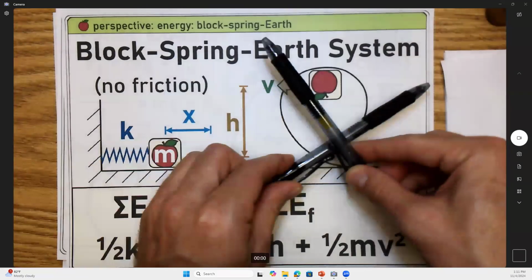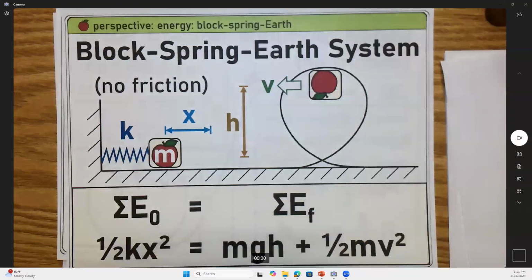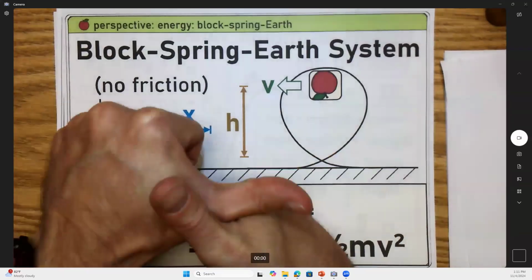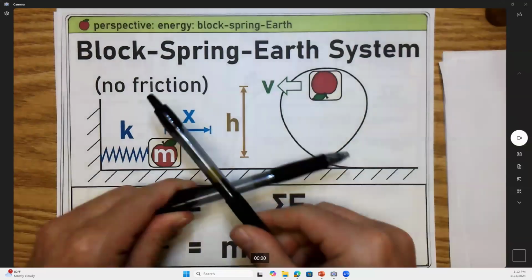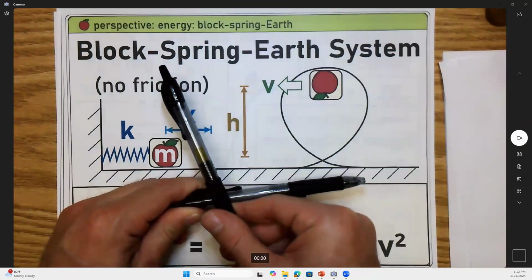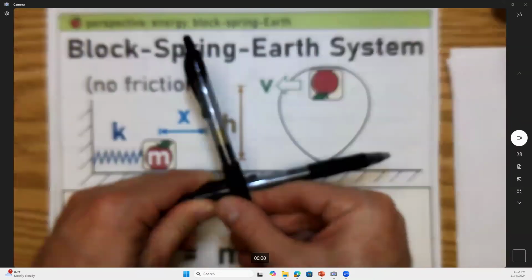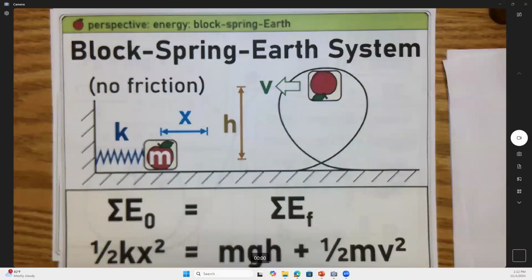Are those always going to be at right angles to each other? All the way around the track, right? And if there's a force and a distance that are perpendicular to each other, what is the dot product of that? What's the cosine of 90 degrees? Zero, right? So does the normal force ever do any work on a block sliding across the track? No, right? So that's why that's not part of this equation.